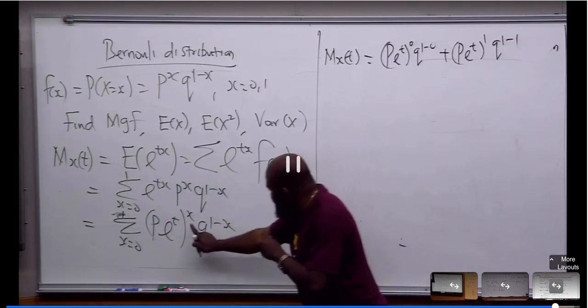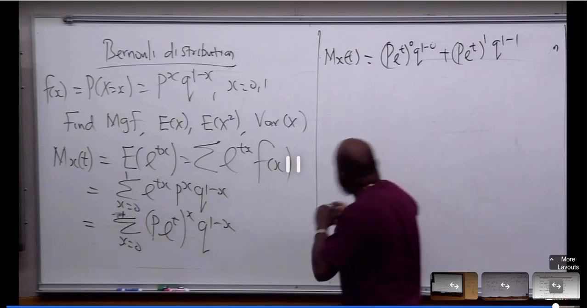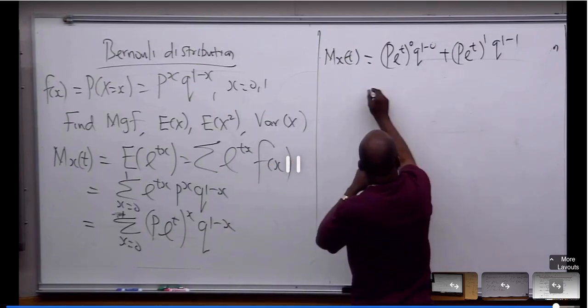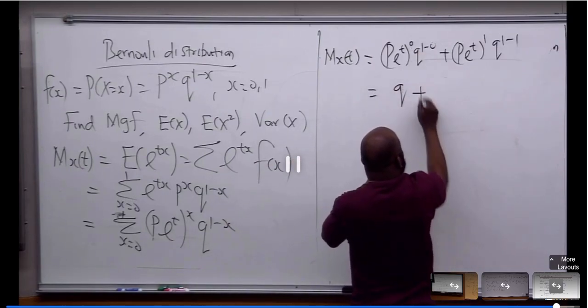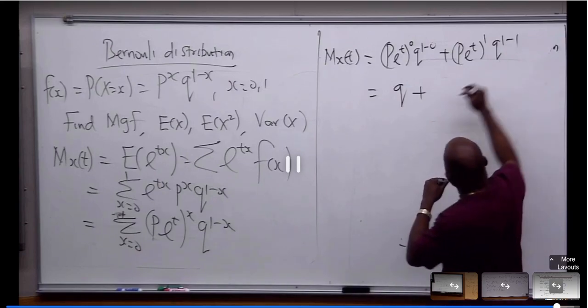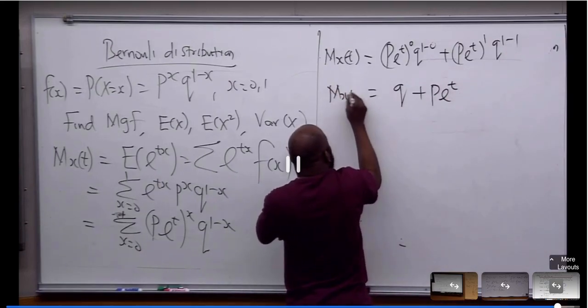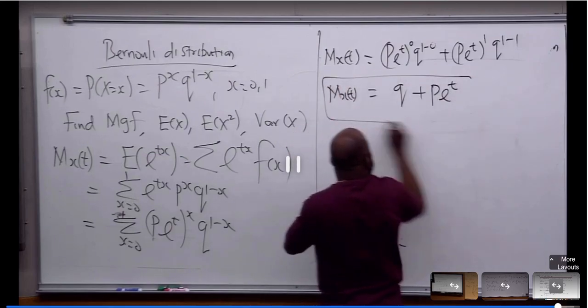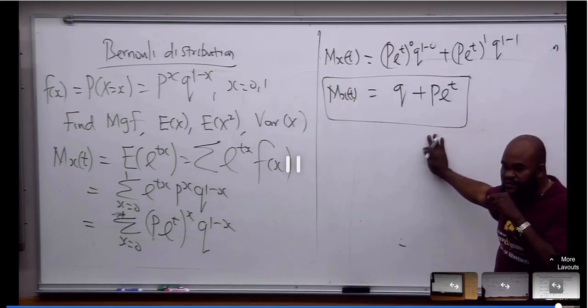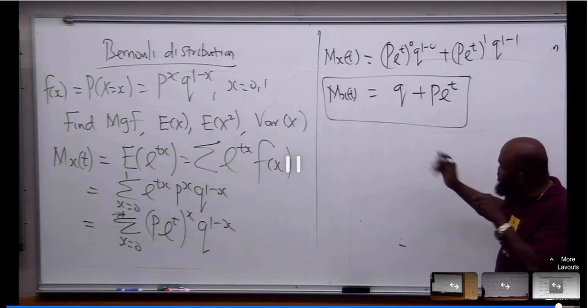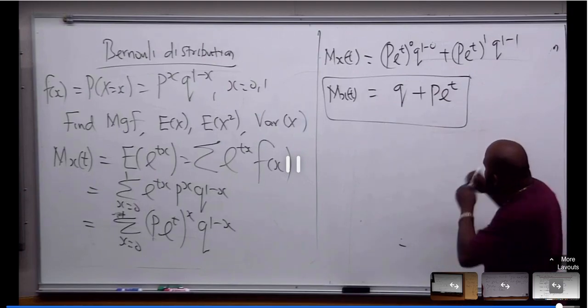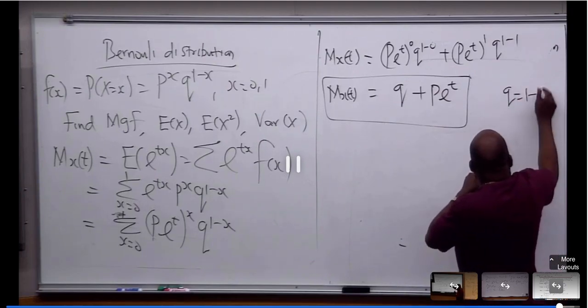So there's going to be 1 here, there's going to be q plus p e^t. And I got this. Anywhere in the world, this is the moment generating function of the Bernoulli distribution. I can also rewrite q. Don't forget, q can also be 1 minus p. That's what you see here.